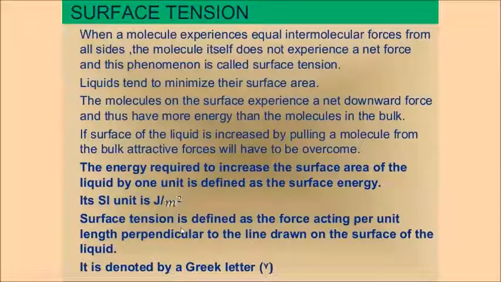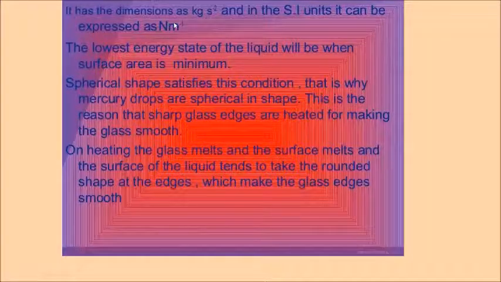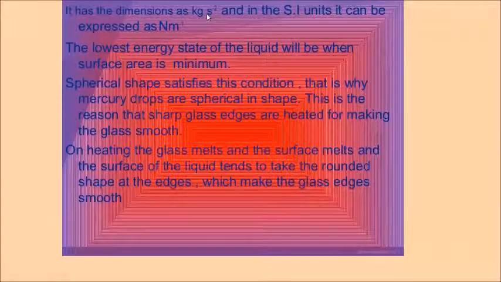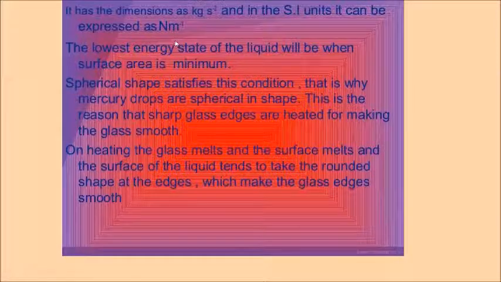Surface tension, therefore, we can define as the force acting per unit length perpendicular to the line drawn on the surface of the liquid, and it is denoted by the Greek letter gamma. It has the dimensions of kilogram second raised to minus 2, and in the SI unit it can be expressed as Newton meter inverse.